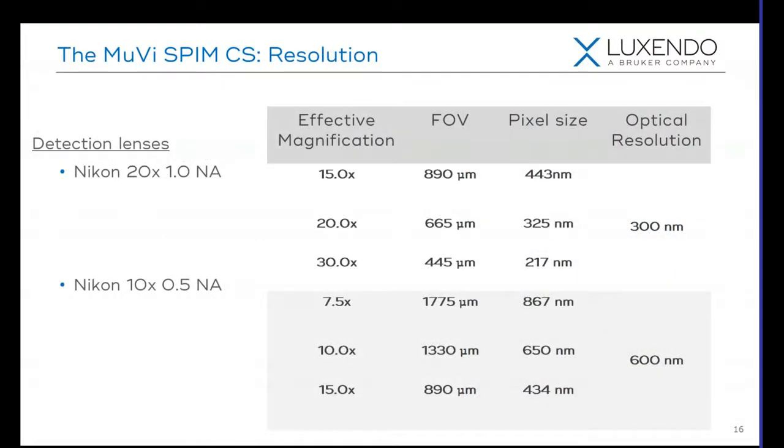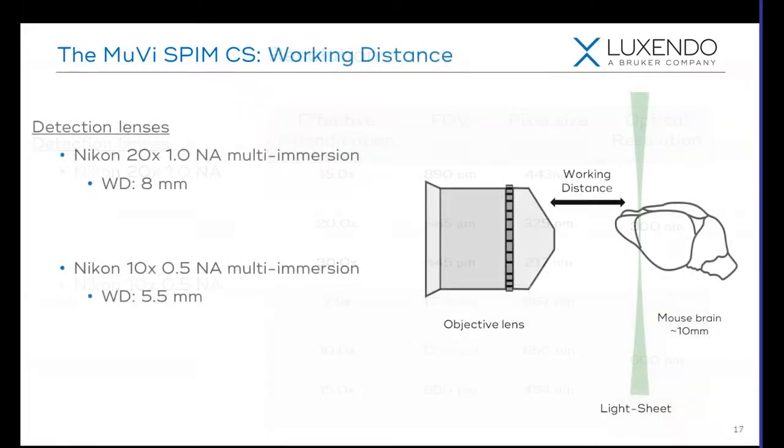With the magnification changer that's on the MuVi, we can choose the type of optical resolution we want, 300 nanometers for the 20x or 600 nanometers for the 10x, and then choose the field of view and the sampling by changing the magnification downstream without actually changing the lens. These lenses also have a very long working distance, 8 millimeters for the 20x and 5.5 millimeters for the 10x.